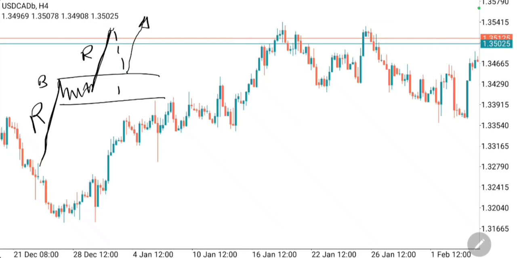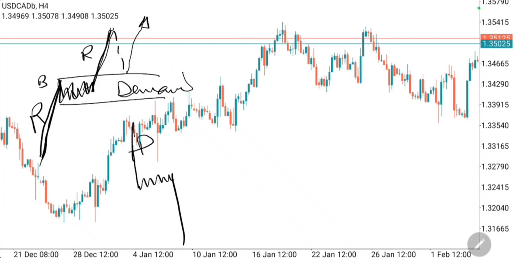Now the supply zone equivalent of it is a drop base drop supply zone.